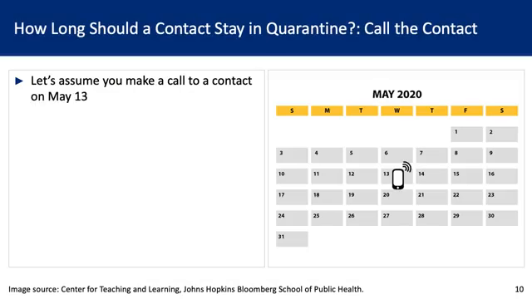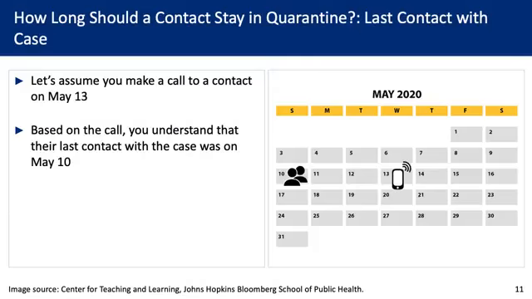Now let's think through a specific example. Remember the case we already talked about? Well, let's assume that you're going to call one of their contacts and you're able to have a conversation with this contact on May 13th. And on the call with this contact, you understand that their last interaction, their last contact with the case was on May 10th.